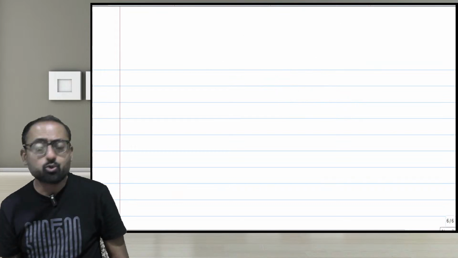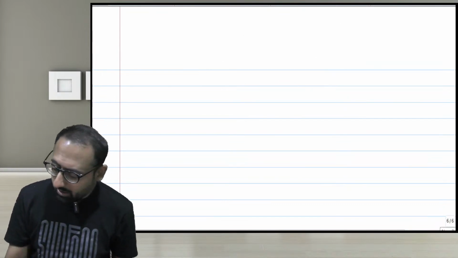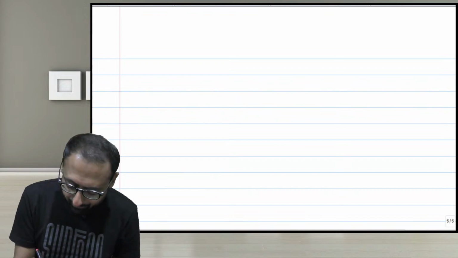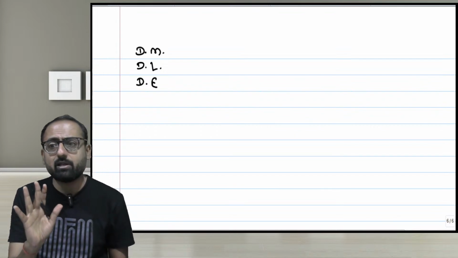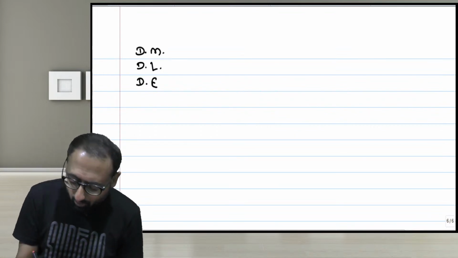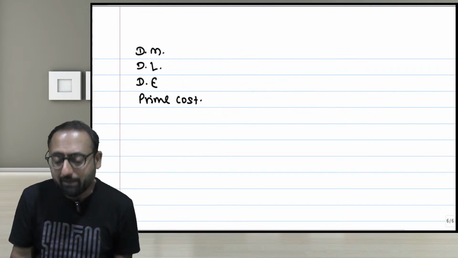Now let's see how to calculate that factory cost. Factory cost is very simple. Direct material plus direct labor plus direct expenses, if any are given in the question, will be your prime cost.